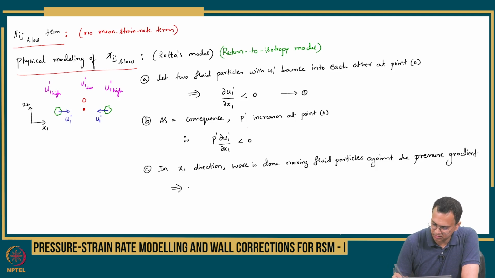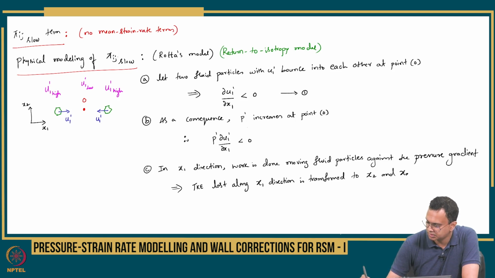So this implies that the kinetic energy lost along the x1 direction must be transferred to the x2 and x3 directions. Therefore, the turbulence kinetic energy lost along x1 direction is transferred to x2 and x3 directions.